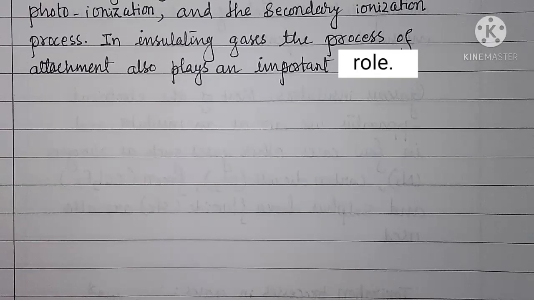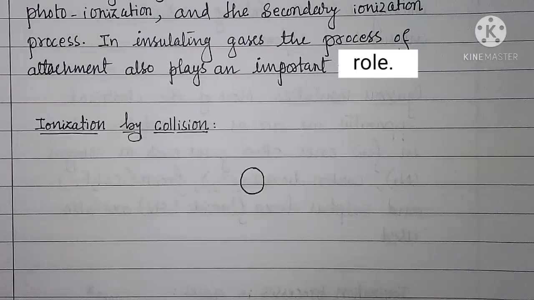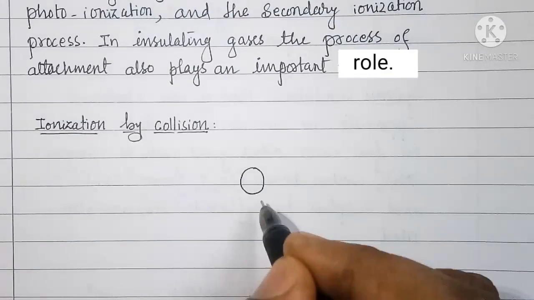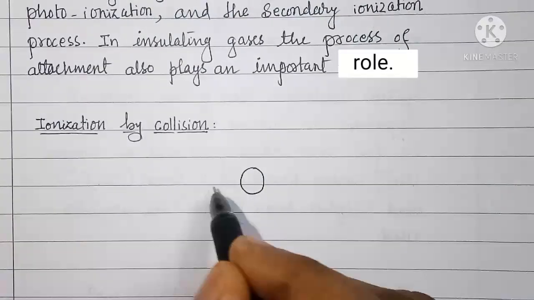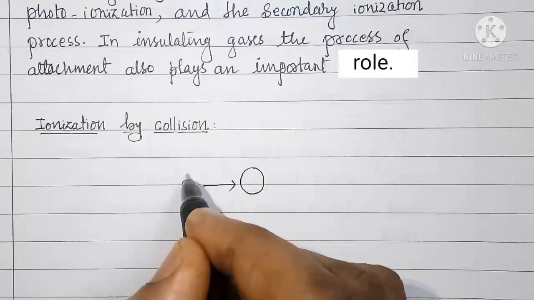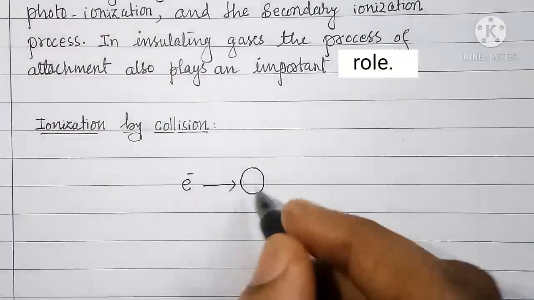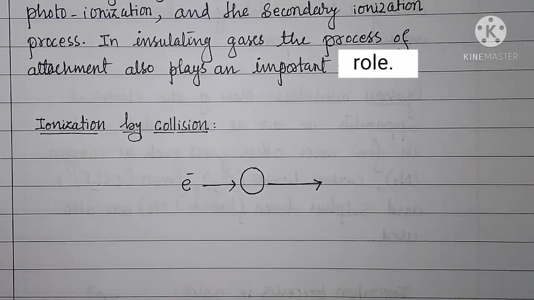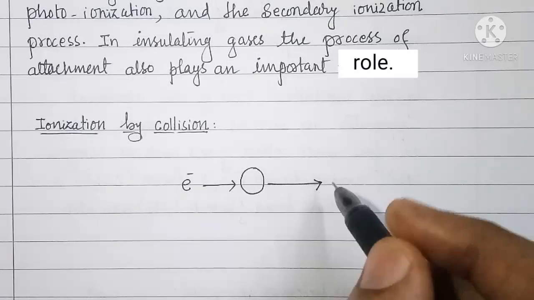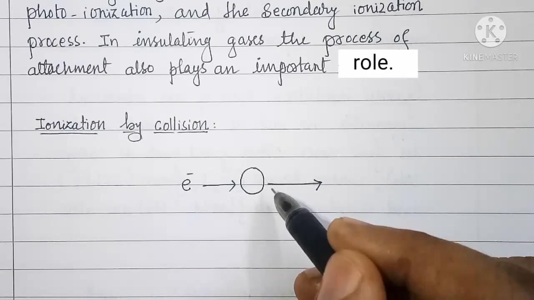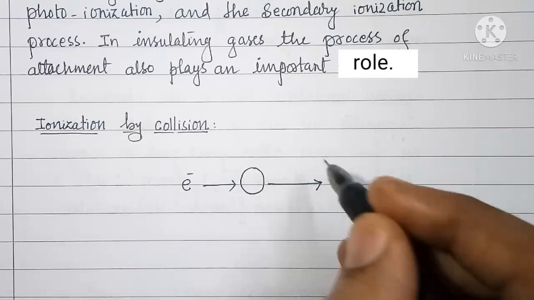First one is ionization by collision. Whenever a gas atom or a molecule is hit by an electron, due to the impact of collision, an electron will be dislodged from the atom or molecule of gas.